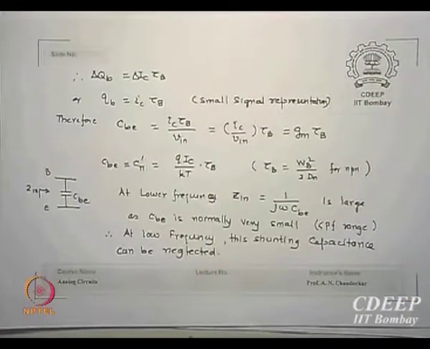If this impedance as seen from the input side is high, what does that mean? Is it important or not important? If input impedance across two terminals is very high, it is not important. It's like an open circuit. It does not play games. Whatever voltage or current you apply will pass through. However, if omega is higher and CBE is higher, then this shunting effect will start, short circuiting will start.